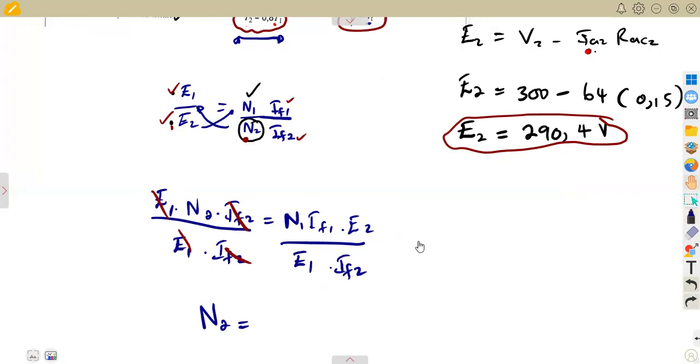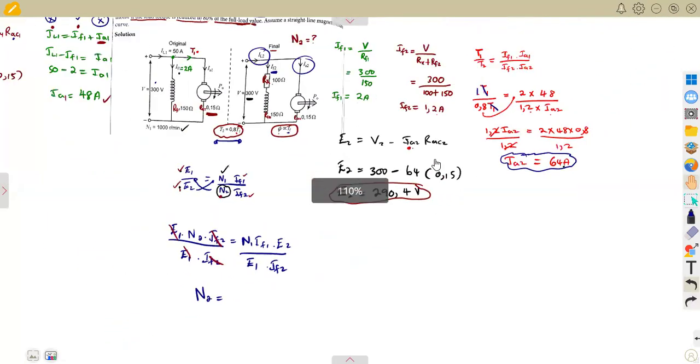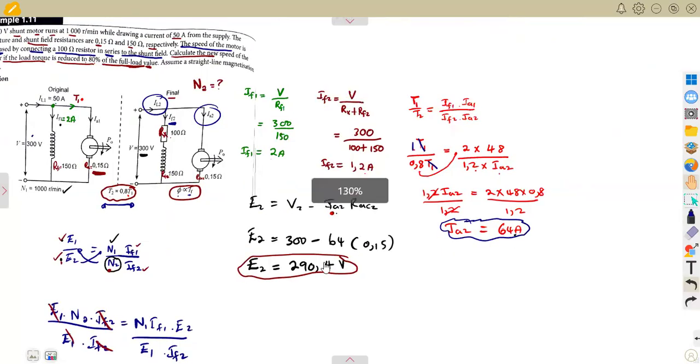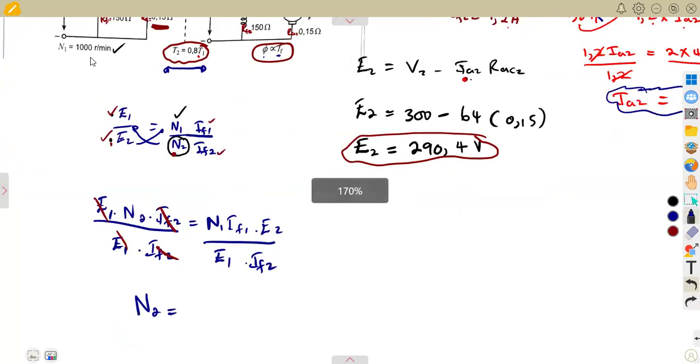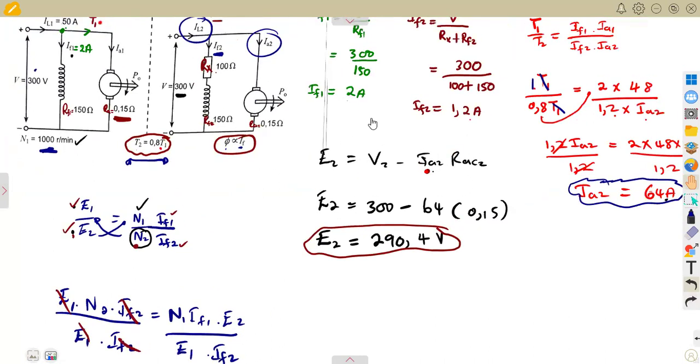So it's just a matter of substituting. Remember, we use this formula because you calculated everything. You are now sure that everything is there. All right, so let's substitute N1, the speed of the original, that is 1,000 revolutions per minute, times the field current 1, which we calculated, remember, is 2 amps.